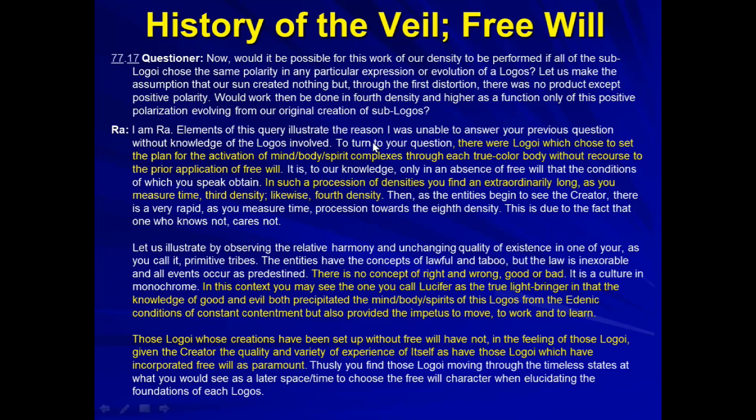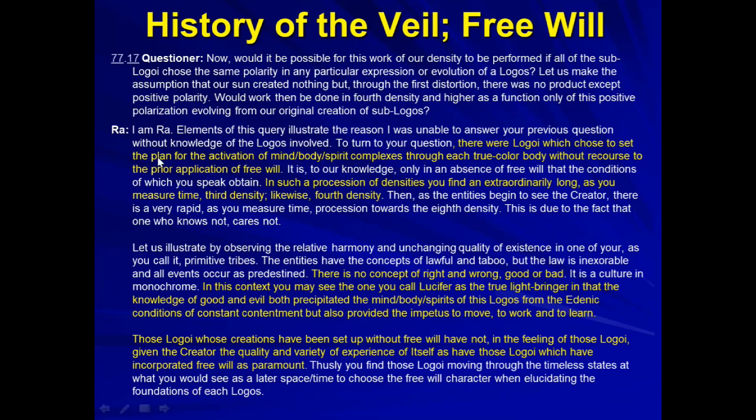To turn to your question, there were logi which chose to set the plan of the activation of mind, body, spirit complexes through each true color body without recourse to the prior application of free will. He probably shouldn't have used the word complexes there, and sometimes he puts that in there, I think by accident, because this was before the veil.